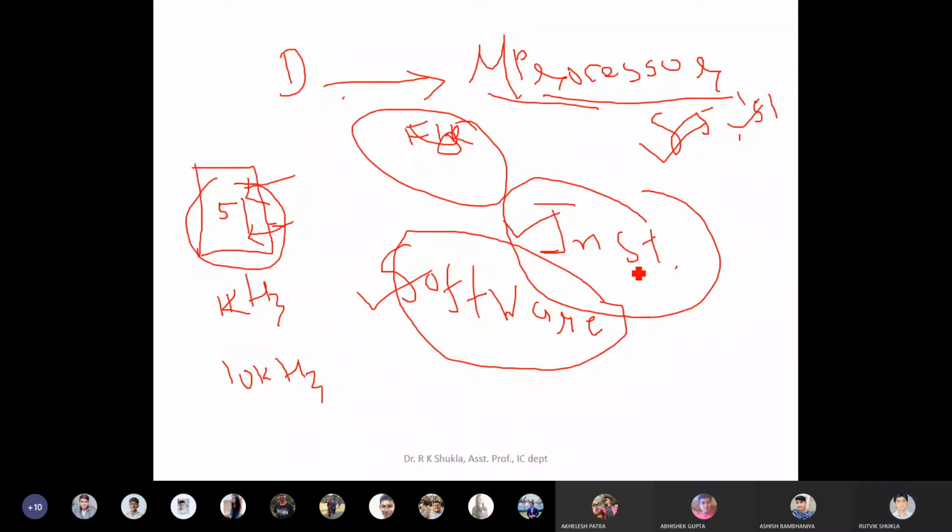Clear? It means if you have a digital filter, then you have the flexibility that you can change the filter property by just changing some instructions. This is one of the most important advantages of using digital filters in current applications.